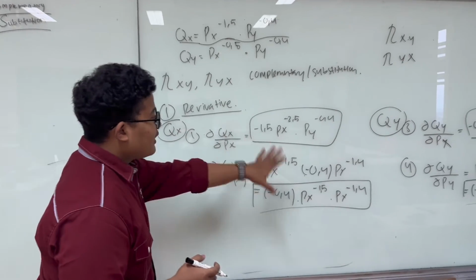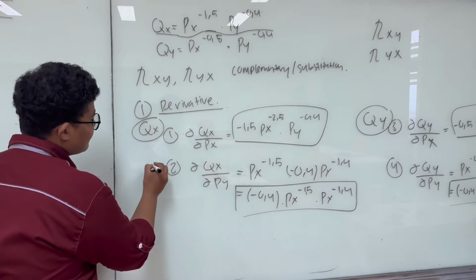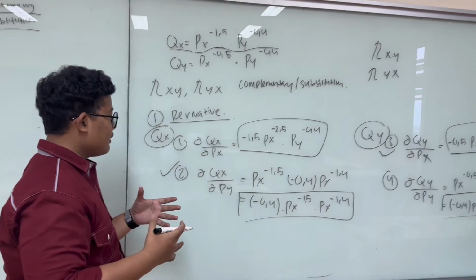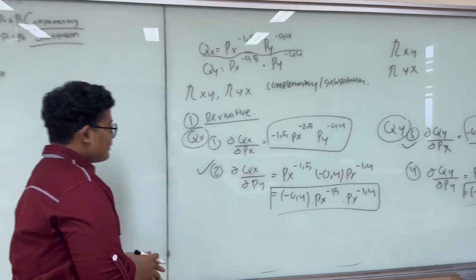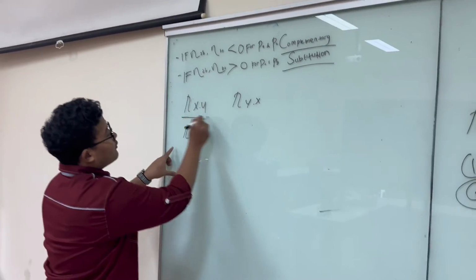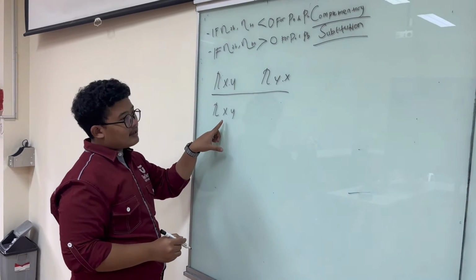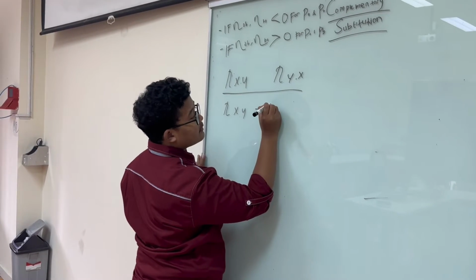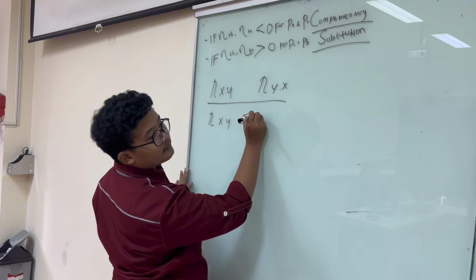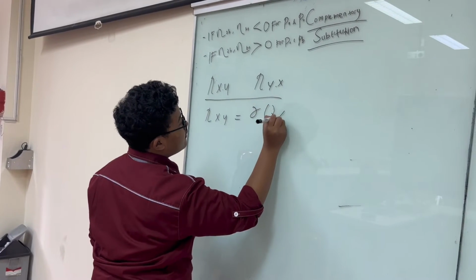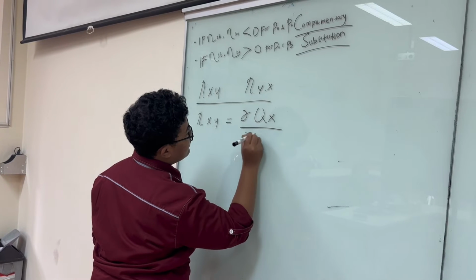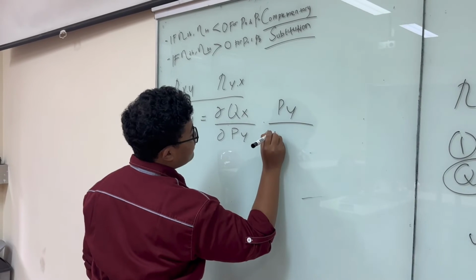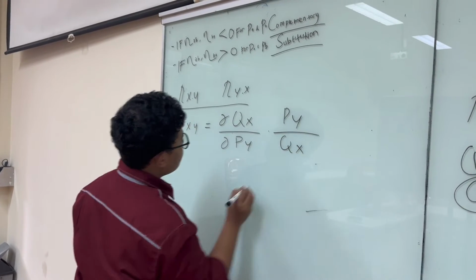From these derivatives, we find that number 2 and number 3 have the combinations between product x and product y. So for finding out this new elasticity, the formula is as follows. Derivative of quantity of x with respect to price of y, times price of y divided by quantity of x.